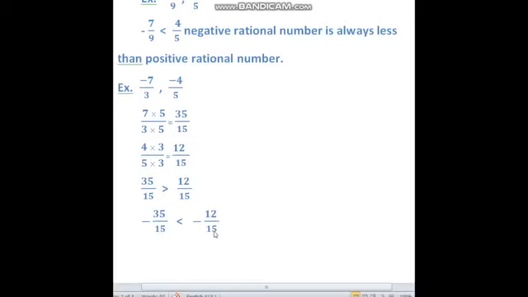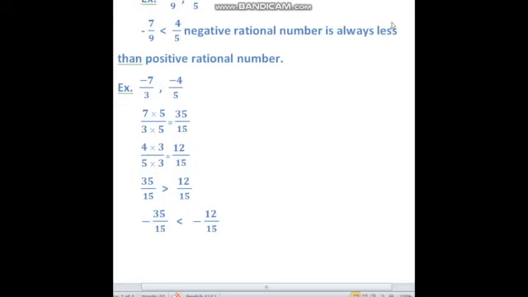As we already saw on the number line, for negative numbers, if their values keep increasing, like minus 1 is greater than minus 2, minus 3 is less than minus 2, minus 4 is less than minus 3, the numbers increase in the negative direction and their value gets lower. The same scenario here.